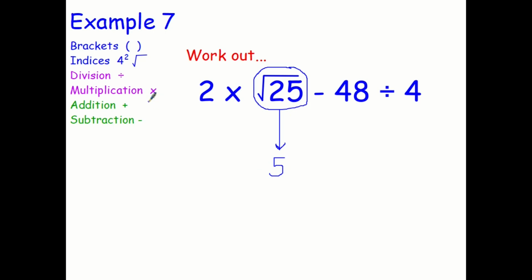Do I have any divisions? Yes, I do. So let's do that. That is 48 divided by 4, which is 12. But I also have some multiplications as well, which is going to just be this one here. So if I drop that 2 down here, I get 2 multiplied by 5, which is 10.